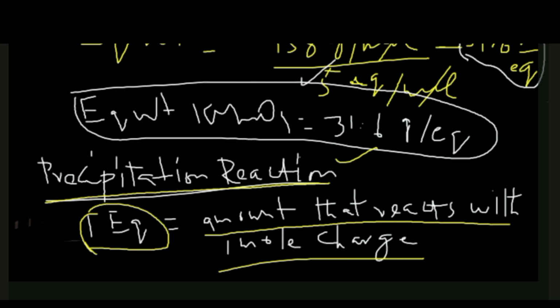So in the case of normality, you can determine the equivalent weight by dividing the formula weight by the mole of charge. So this is the precipitation reaction.